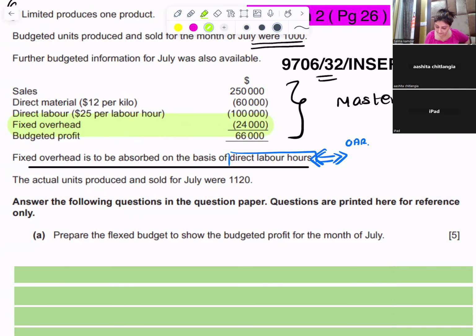Fixed overhead 24,000. Budgeted overheads is 24,000. If in case you need to calculate any fixed overhead expenditure variance, your OAR would be 24 and budgeted activity level is over here. Are you with me? Okay, fine. Go ahead.